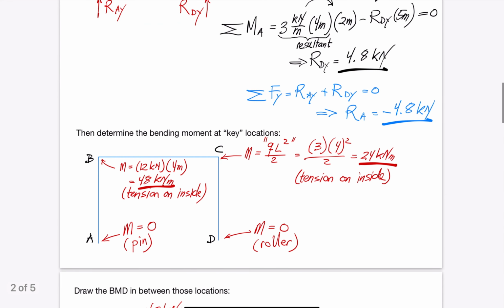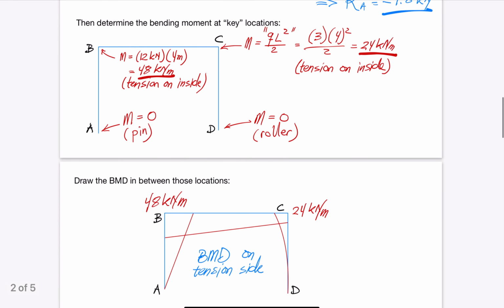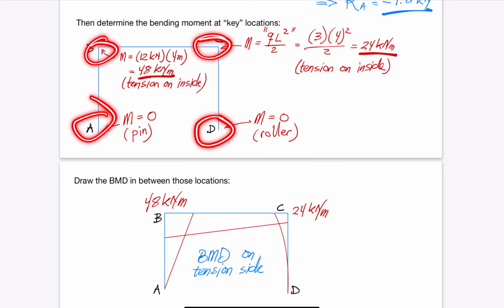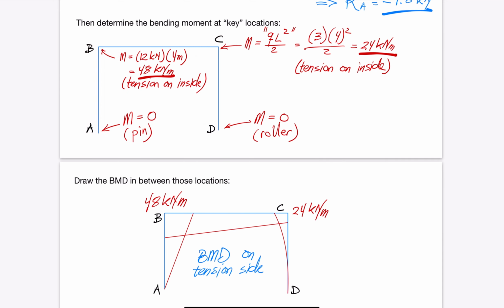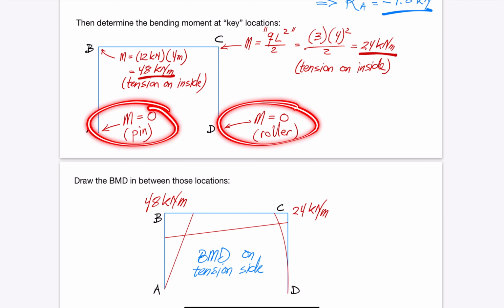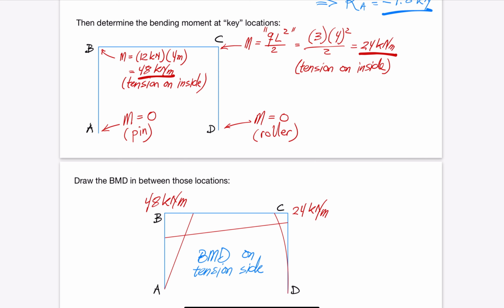It is important that we now follow the procedure that we have established for analyzing determinate structures. That means we now aim at the bending moment values at selected locations. It is natural that we aim for the moment value at points A, B, C, and D. At points A and D, the moment is 0 because these are locations with pin and roller supports. The bending moment value at the upper right corner of the frame is obtained by first imagining that we cut the frame here and hold the frame with our hand at the cut.